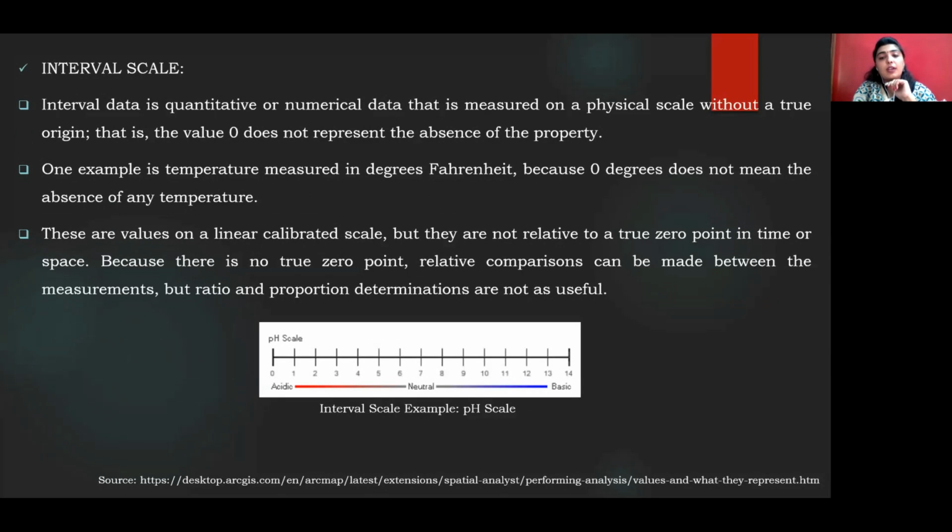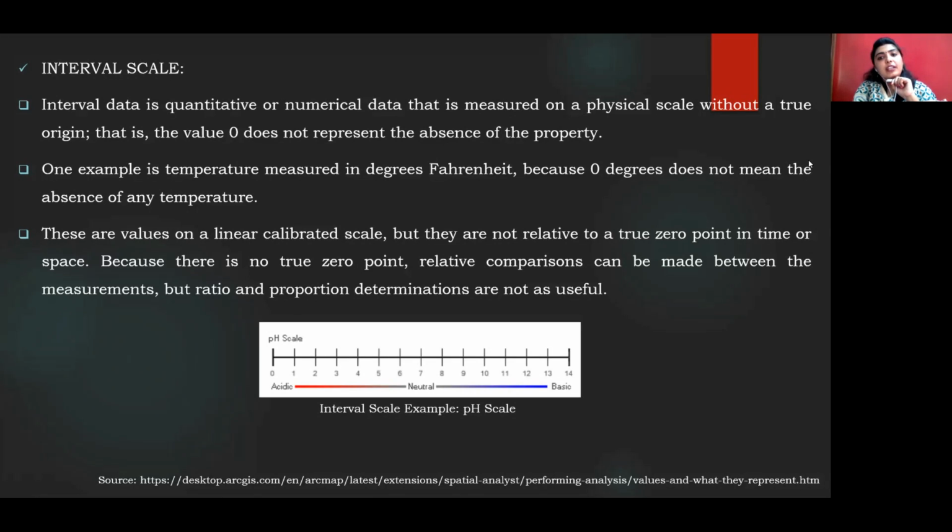Bringing us to the next one, which is interval scale. Interval data is quantitative or numerical data that is measured on a physical scale without a true origin. That is, the value of 0 does not represent the absence of a property. The best example here is temperature.